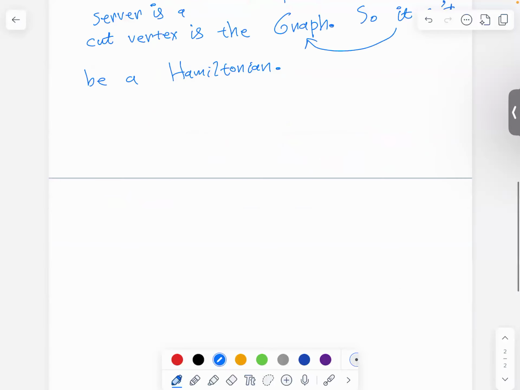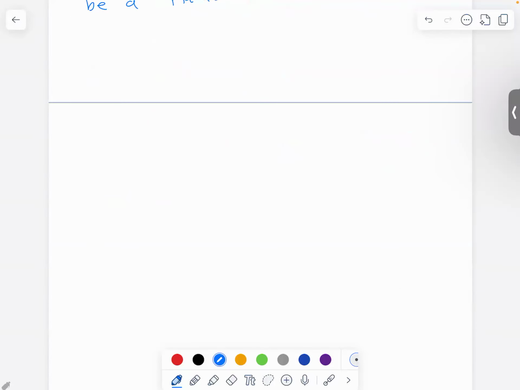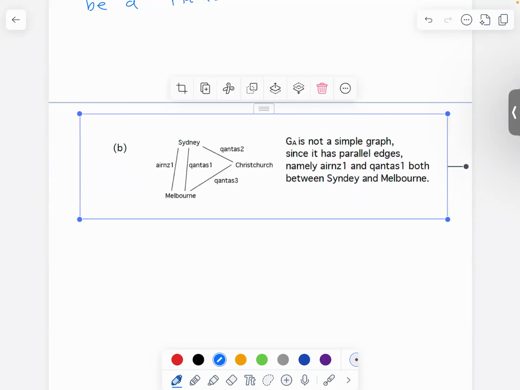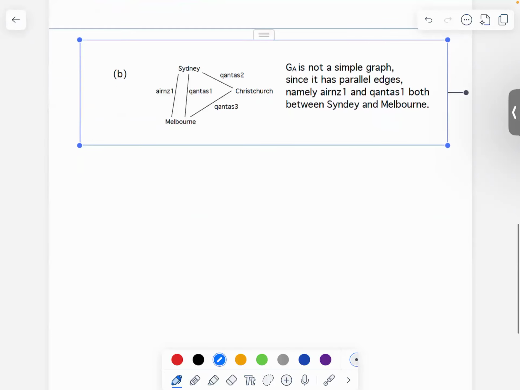Now, let's have a look at the other part. What about this one?